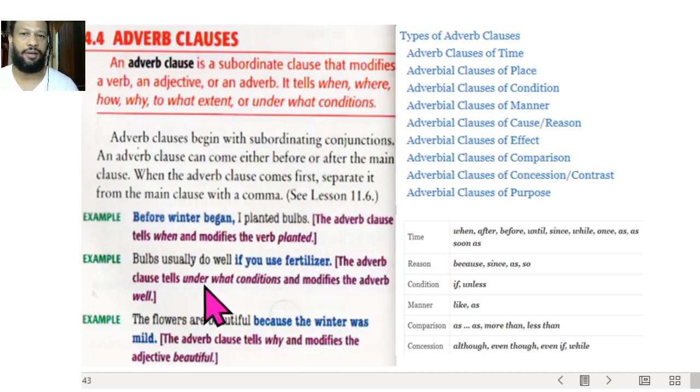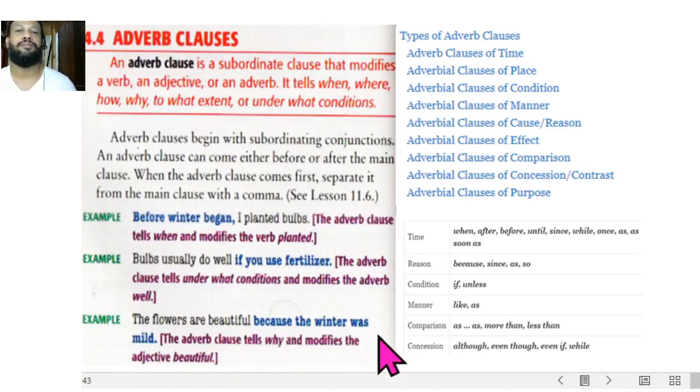So the adverb clause tells under what conditions and modifies the adverb well. You see? It is immediately after the adverb well. Next, the flowers are beautiful because the winter was mild. Okay? The flowers are beautiful because the winter was mild.